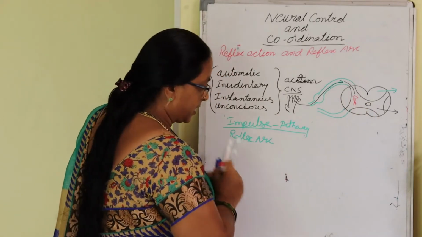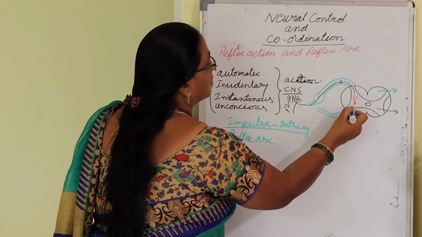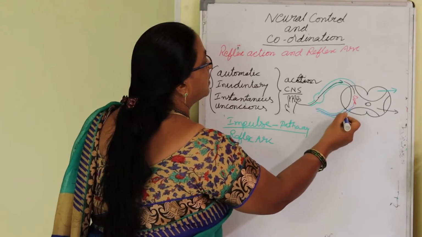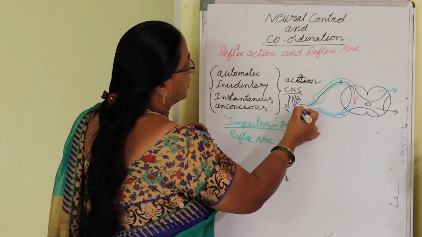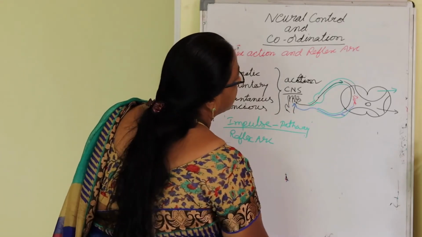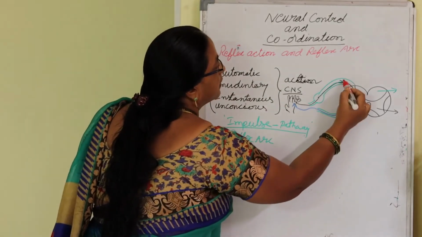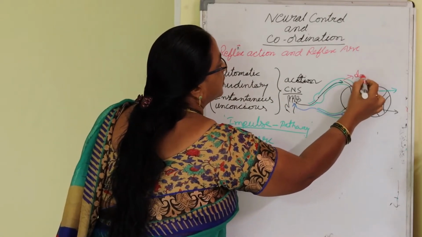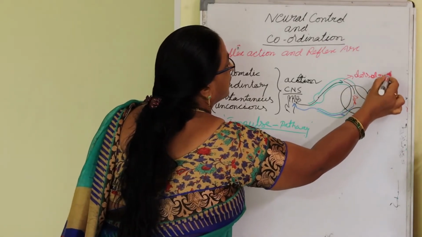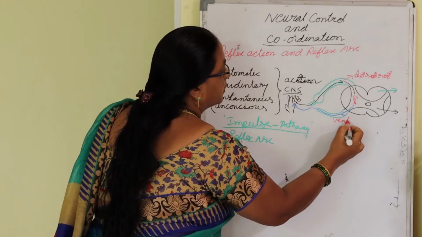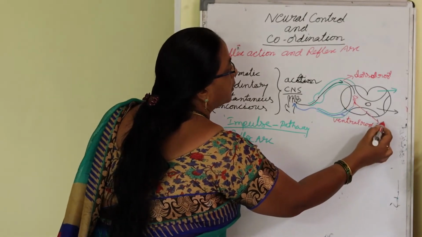Again it starts, this is the ventral root. It reaches up to this hand. This pathway starts with the dorsal root and goes to the ventral root, through the interneuron.